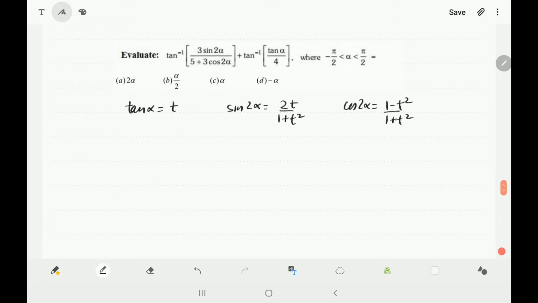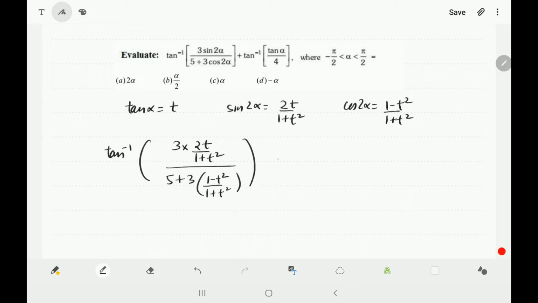So our expression now will become tan inverse of 3 into 2t upon 1 plus t square, upon 5 plus 3 times 1 minus t square upon 1 plus t square, plus tan inverse of tan alpha by 4, which can be written as t by 4.